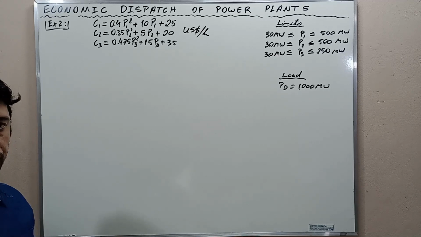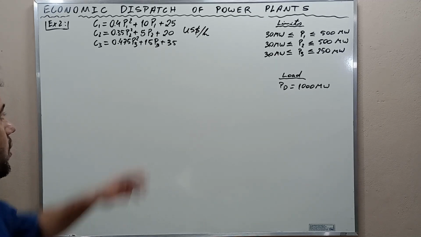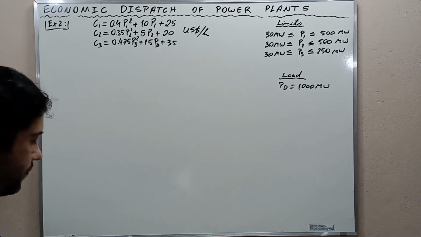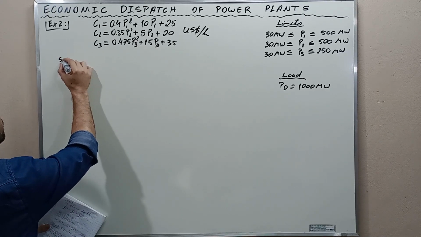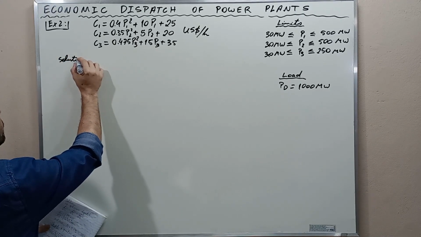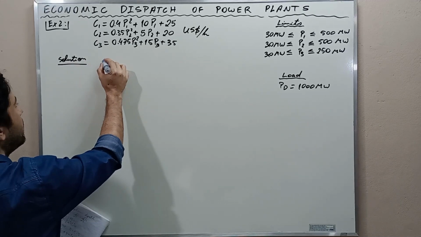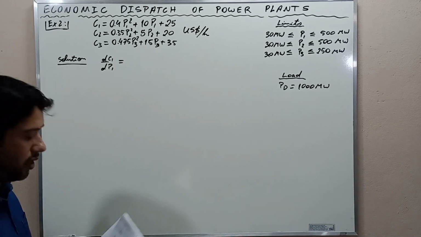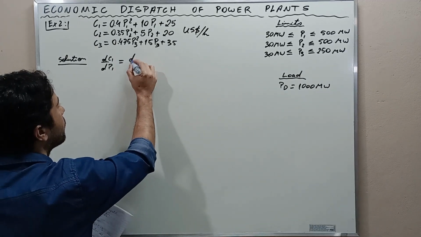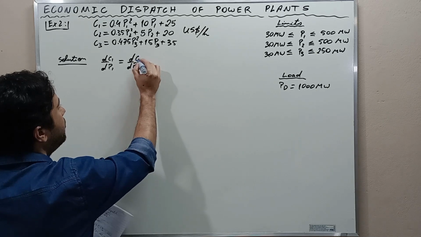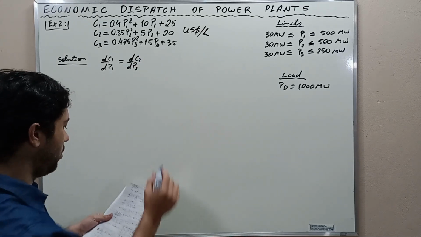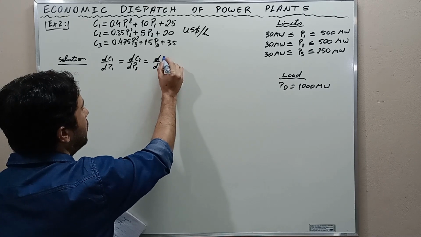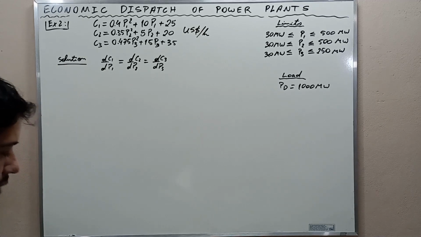As we saw, for optimal dispatch, their incremental costs have to be equal. That is, the derivative of C1 with respect to P1 has to be equal to the derivative of C2 with respect to P2, which has to be equal to the derivative of C3 with respect to P3.